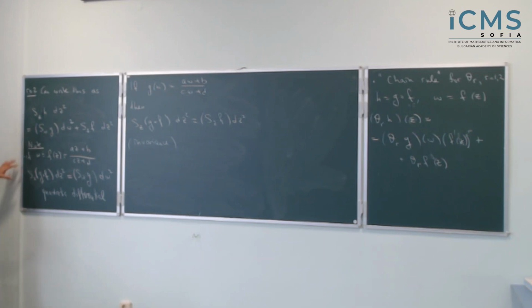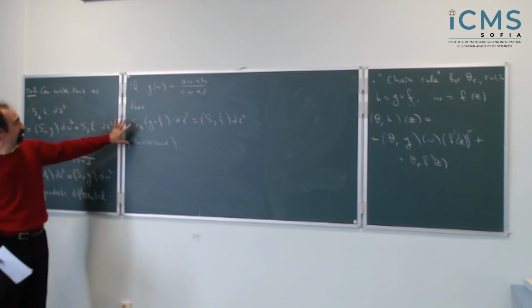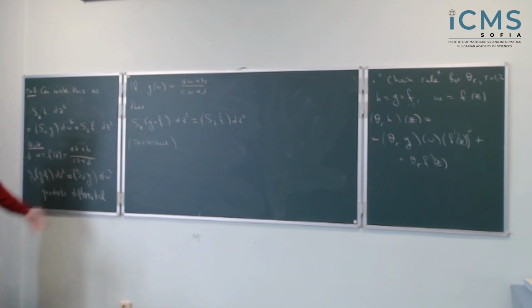The first identity is saying that if we adjust one coordinate transformation to be fractional linear, the Schwarzian behaves like a quadratic differential. The second is saying that if we post-compose a function with a fractional linear transformation, its Schwarzian stays invariant.